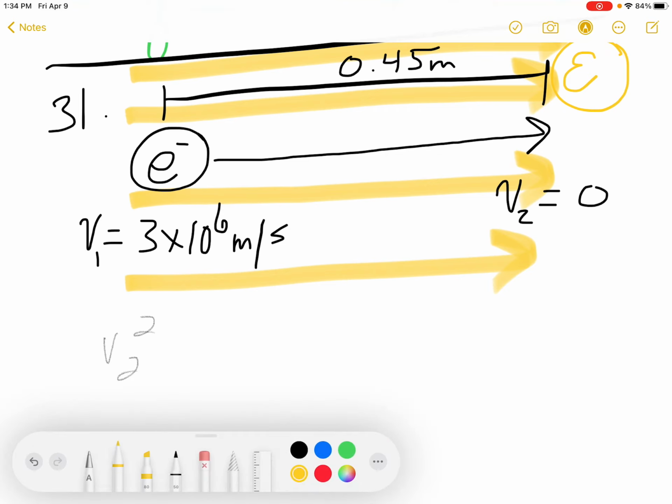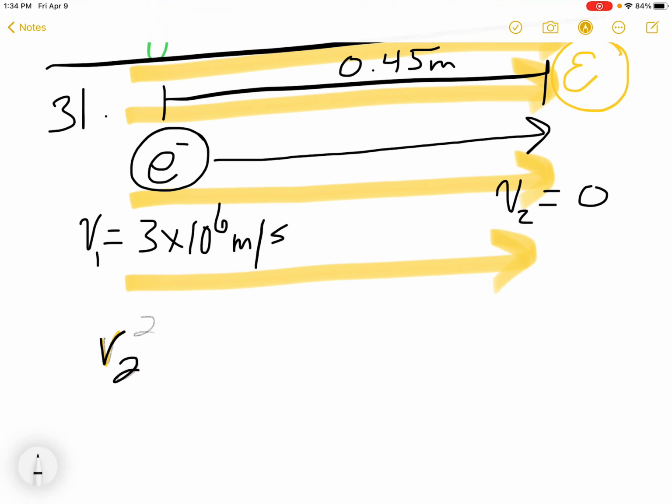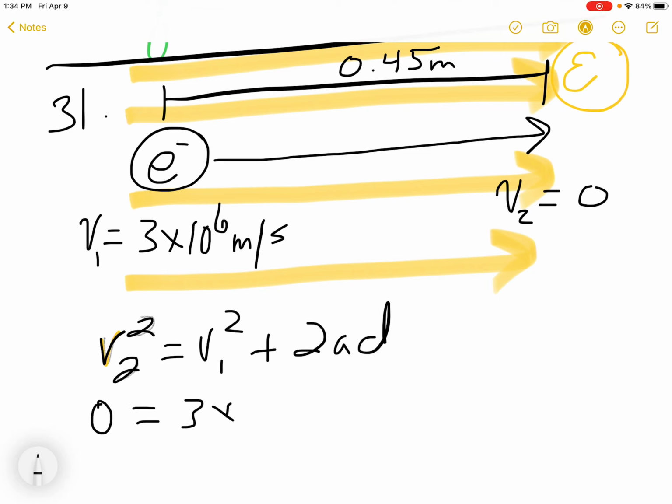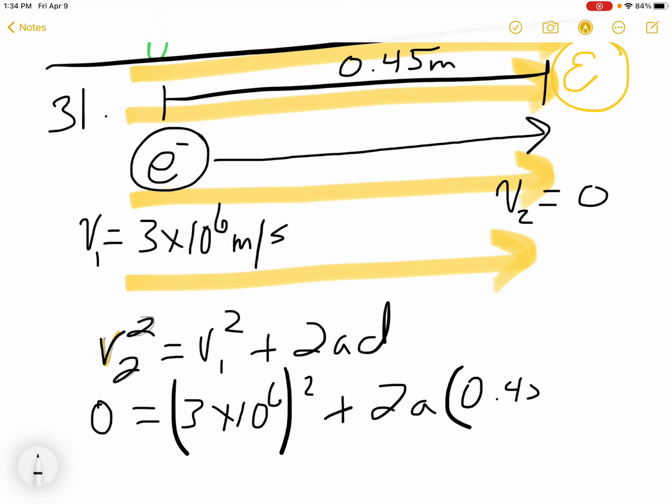What's this marker? Okay, I'll get it right yet. V2 squared equals V1 squared plus 2AD. 0 equals 3 times 10 to the 6 squared plus 2 times A, and the D is 0.45.